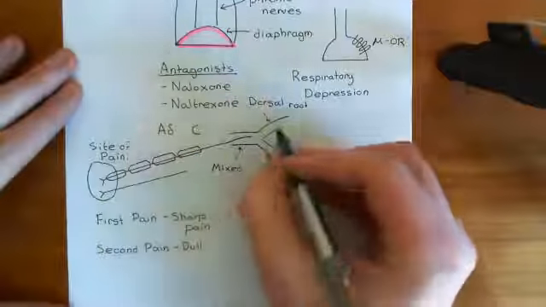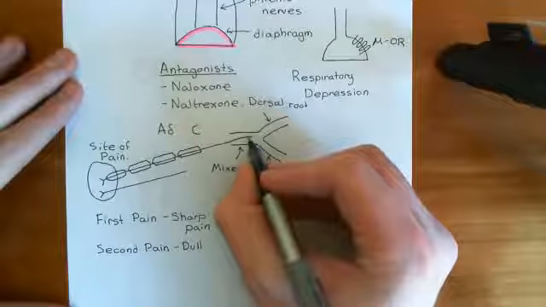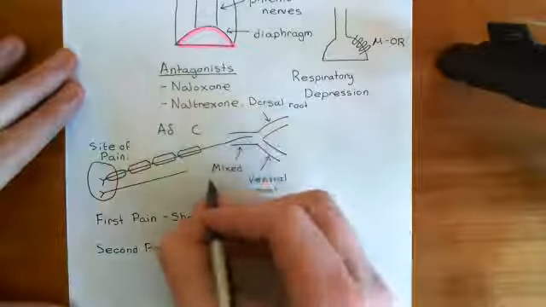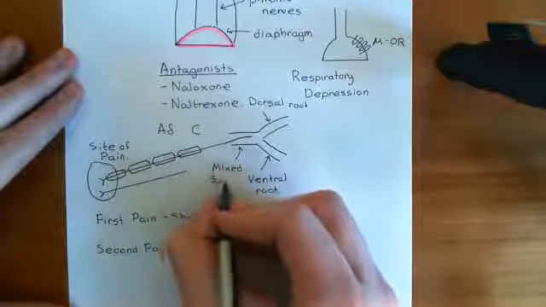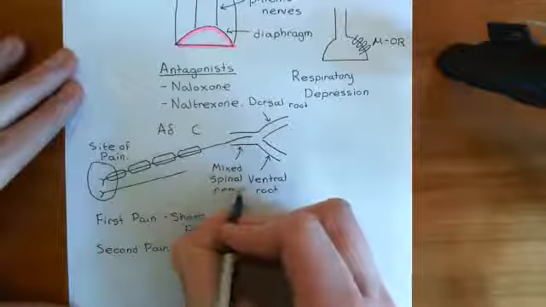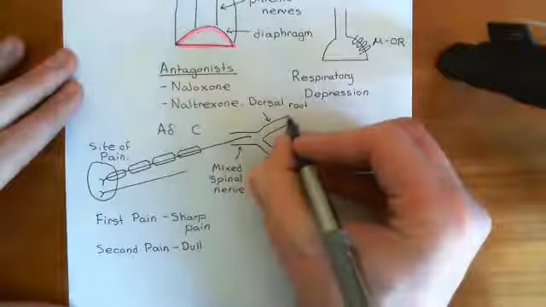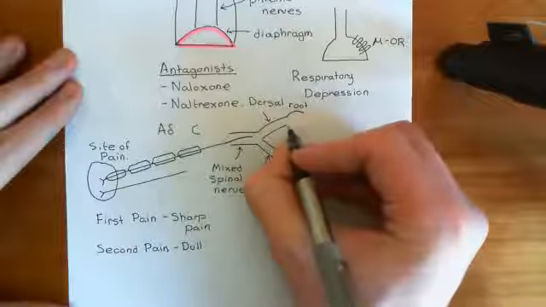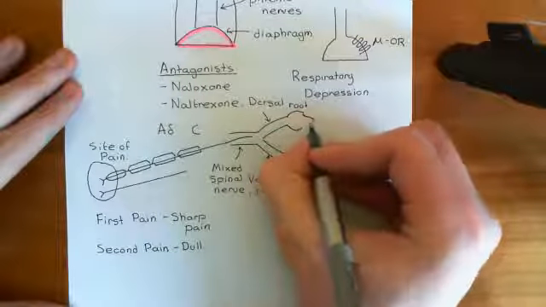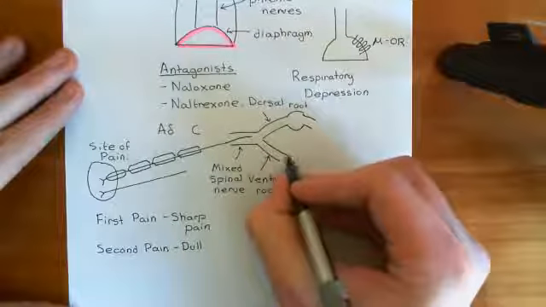The dorsal root carries the sensory fibers which are coming in, and the ventral root carries the motor fibers which are going out. Then in the dorsal root you have a special swelling, which is the dorsal root ganglion, before it actually goes into the spinal cord.